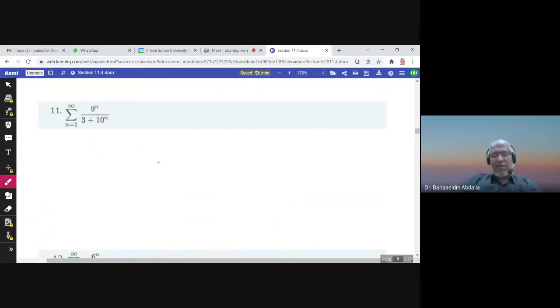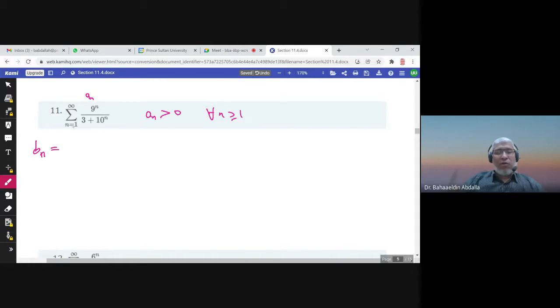Notice here that there is no p-series anymore, but this is a geometric series. 9 to the power n is a geometric series. But this is a_n, and again I can see that it is always greater than 0. If you take n = 1, it would be positive, greater than 0 for all n greater than or equal to 1. So what is b_n?